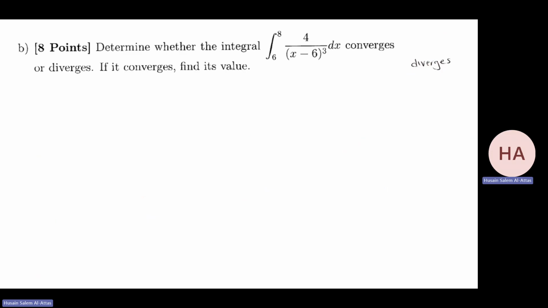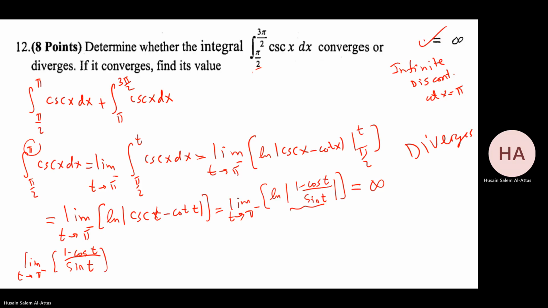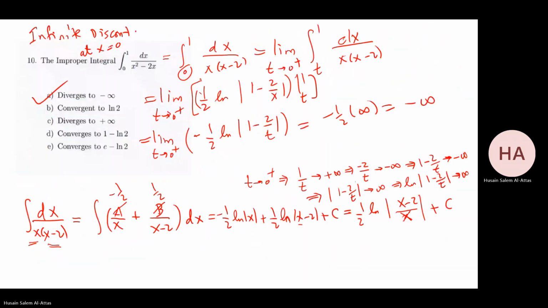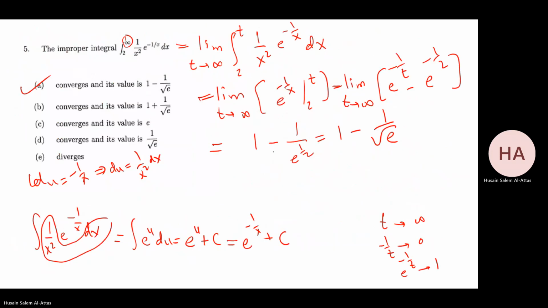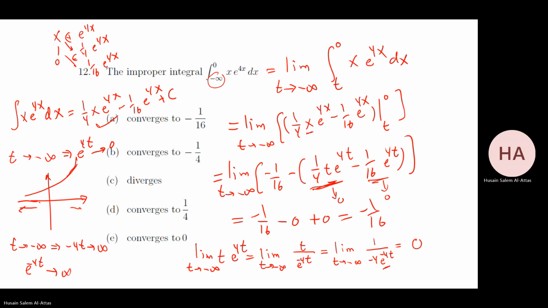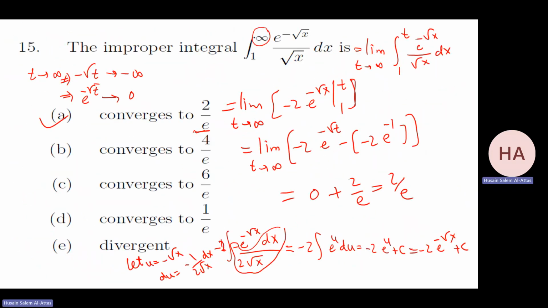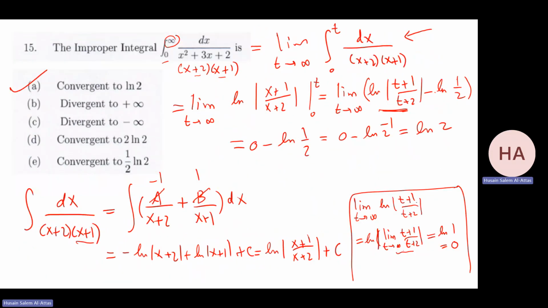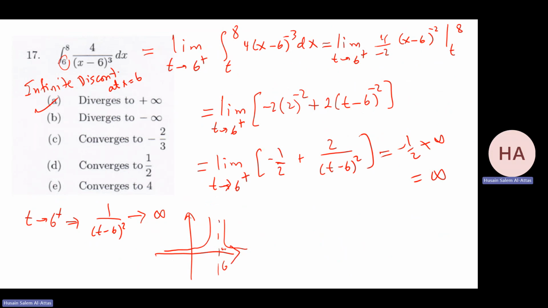Okay. This one, I think we did before. 4 over x minus 6. Yeah, this one diverges to plus infinity.